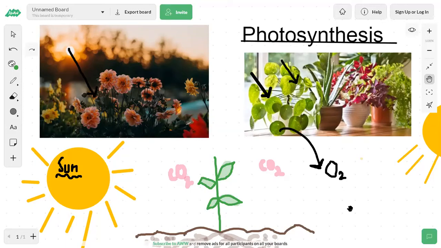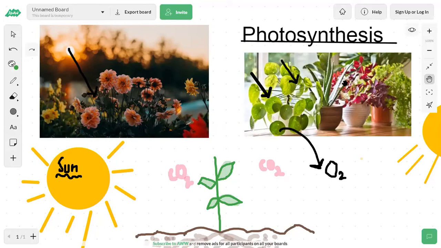All plants photosynthesize. So we really depend on photosynthesis for carrying out our life processes, because we consume plants or we eat animals which consume plants.